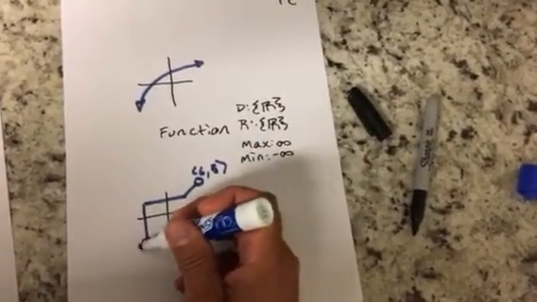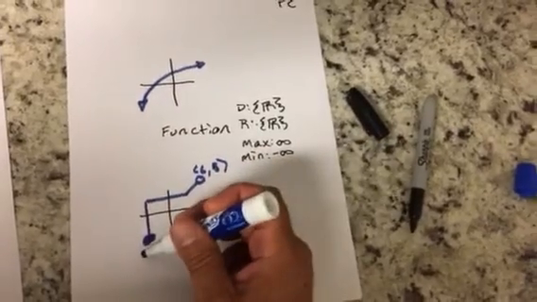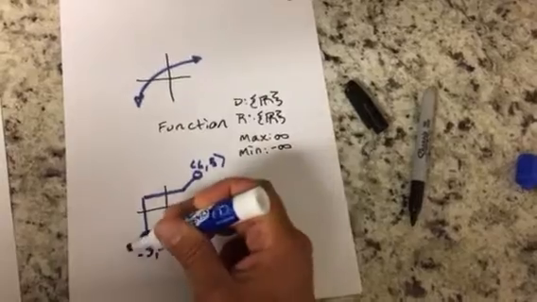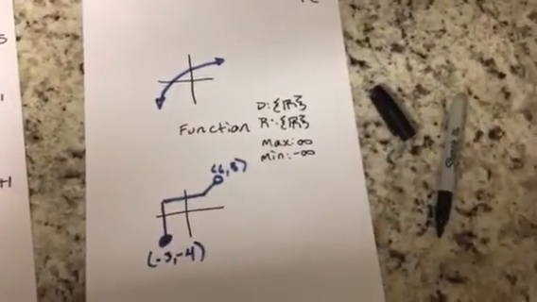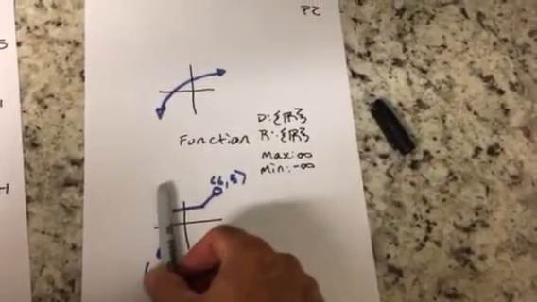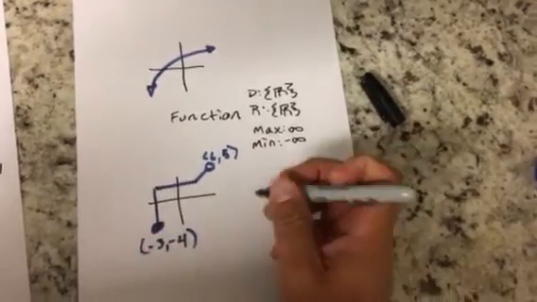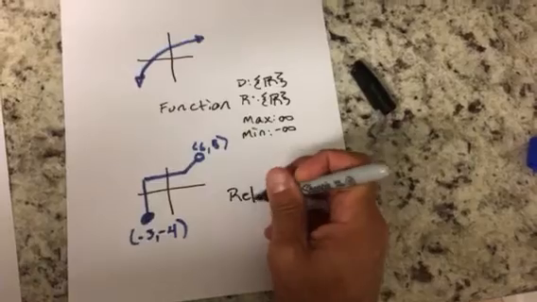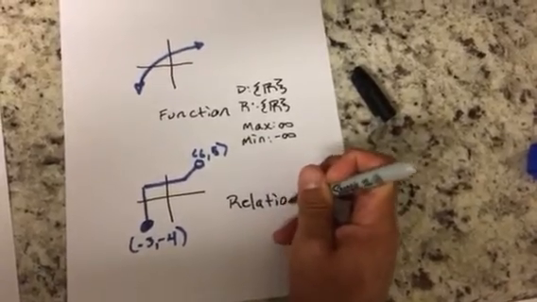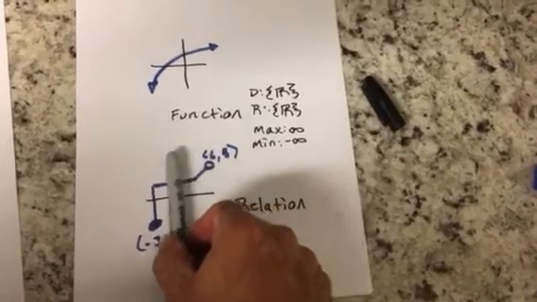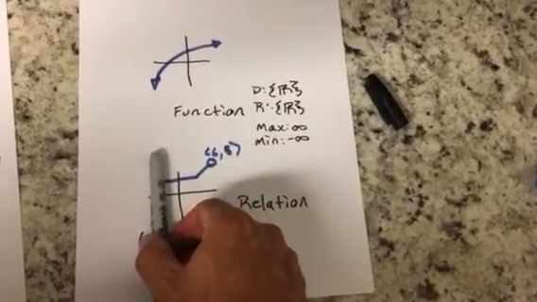This point is negative 3 on the x and negative 4 on the y. So when I'm looking at this vertical line test, let's see if it touches the blue twice at once. And if you see right here, it's touching the blue a whole bunch of times, which makes it a relation. It doesn't matter that over here it only touches once. If at any point it touches twice at the same time, it's a relation.